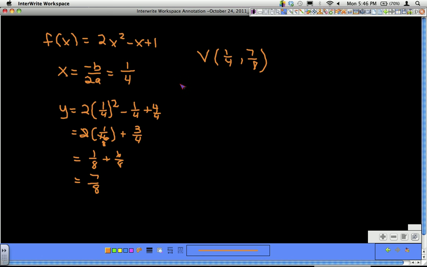Now I know a couple things on here. I know I mentioned max and min. Well, there's my a value. It's positive. So I know that this is going to open this direction. So I know on this, my line of symmetry, or my axis of symmetry, x equals 1/4 is my axis of symmetry.